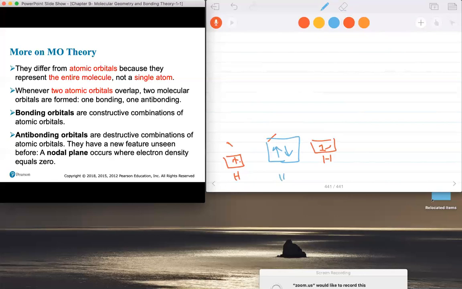This is H2 now, and we call this a molecular orbital.